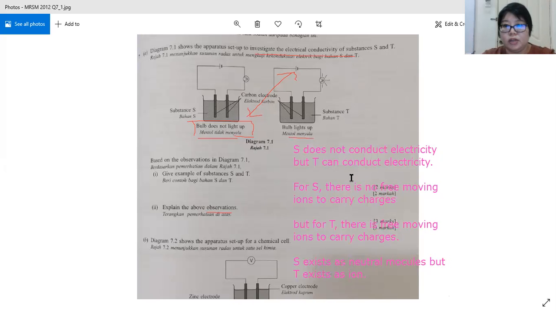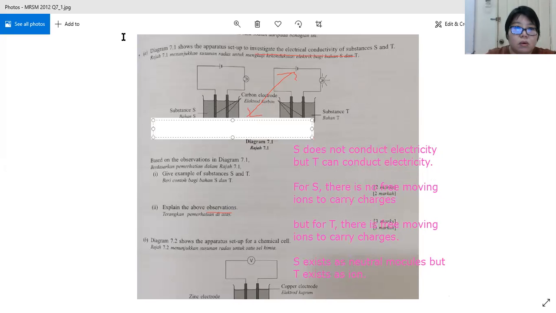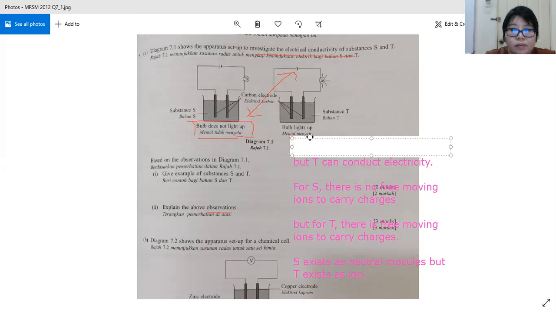Okay. So can you see this one? First part, you are going to explain the observation. Part 1, you are going to tell that the S does not conduct electricity, but T can. Okay, this one we relate to the electrical conductivity.